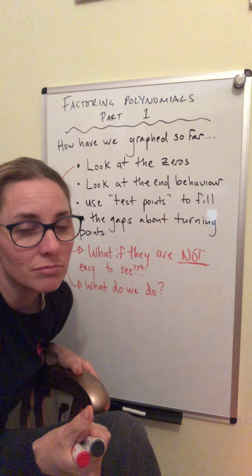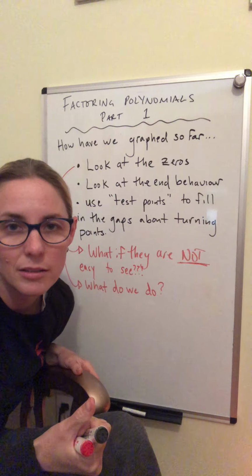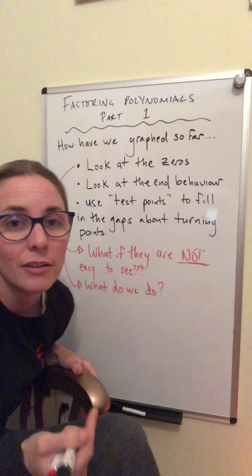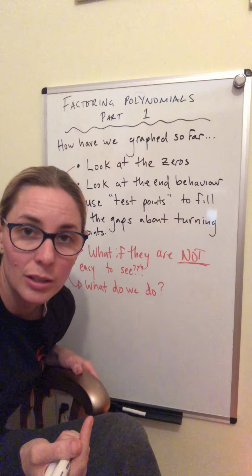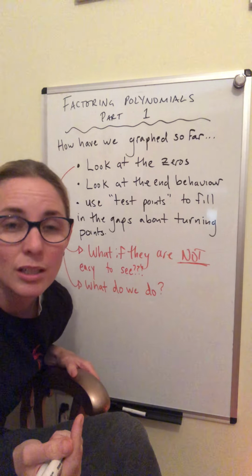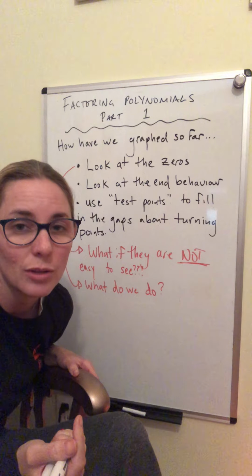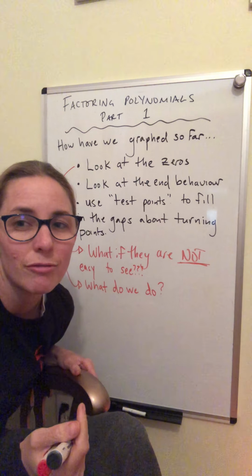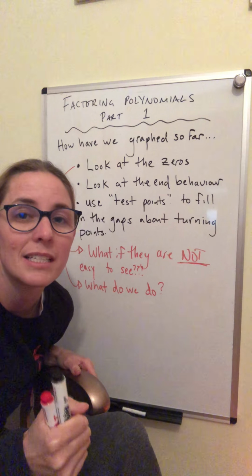If it's linear, we just solve, basically find the x-intercept. If it's quadratic, then we can factor or use the quadratic formula. If it's cubic, quartic, quintic, we're going to do that in the next section. So this is really just a review: do you remember how to factor? Do you remember what it means to find a zero?